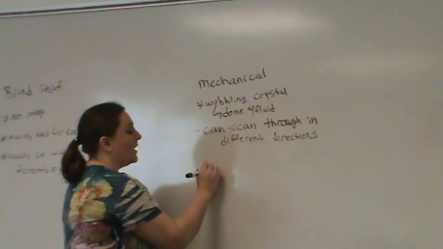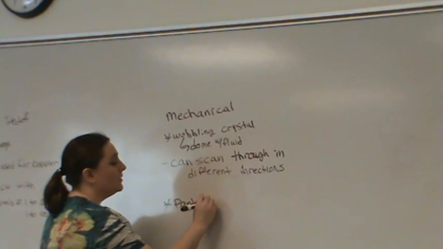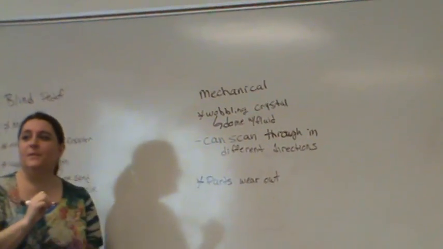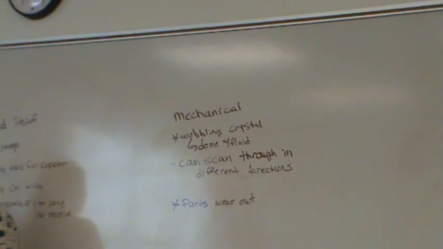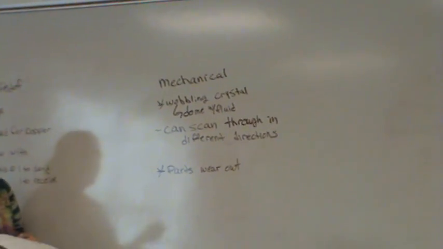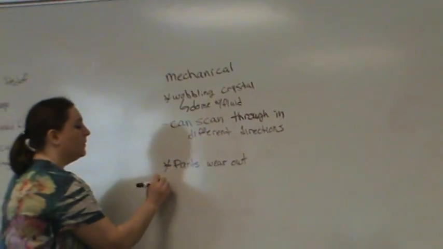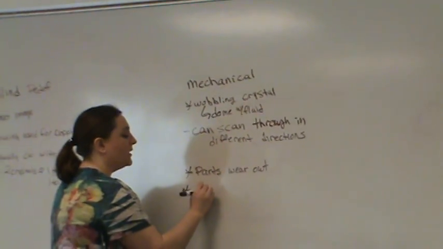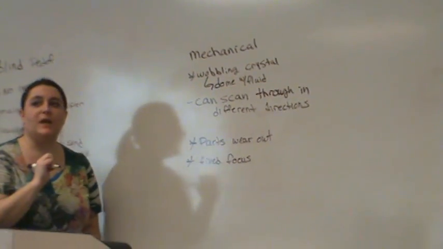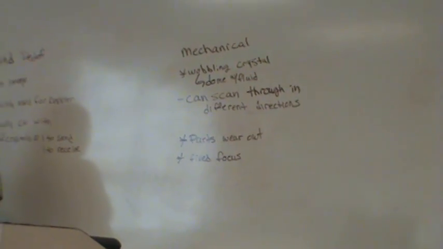Another downside is that it had moving parts. Anytime you have moving parts, they wear out. So eventually these transducers would degrade over time because of the wear and tear. They had a fixed focus, which was a big deal for us: it only had one area where the beam would be focused.